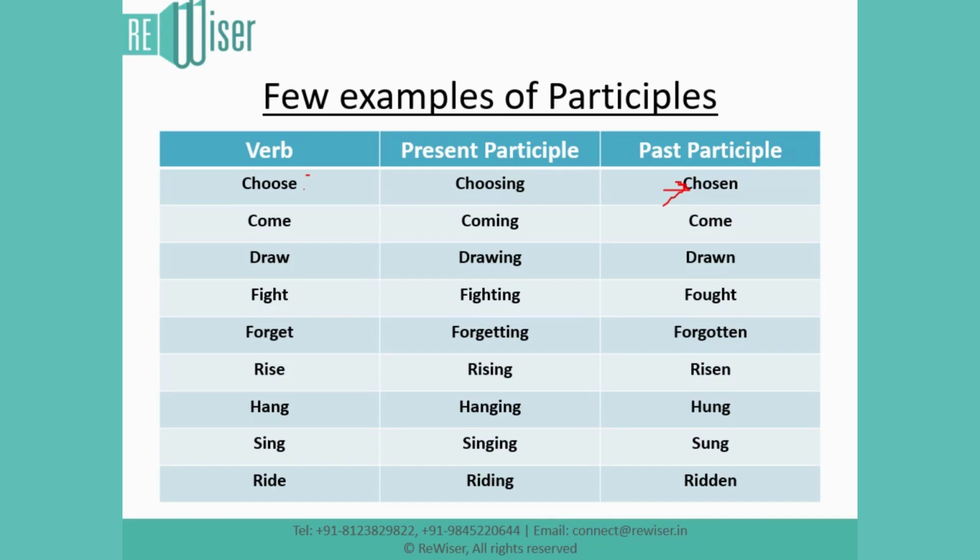Draw, I have drawn a beautiful picture. I have fought with my friend. I have forgotten to do my homework. So when you use these verbs with have or has or had, you get the correct past participle. So we can just go through this list by pausing the video if you want to.